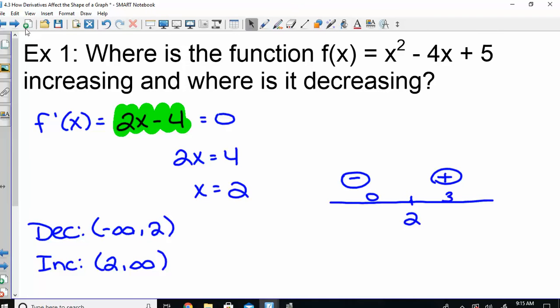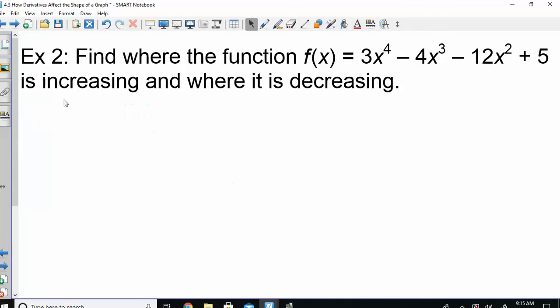Alright, let's try another one. So let's find the increasing or decreasing for this graph. So the derivative would be what?